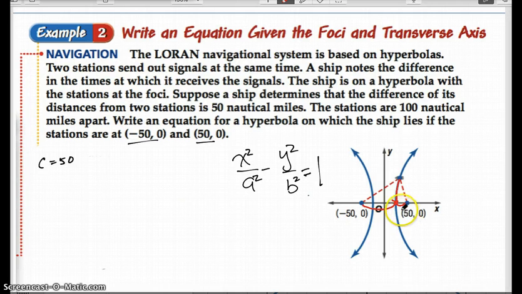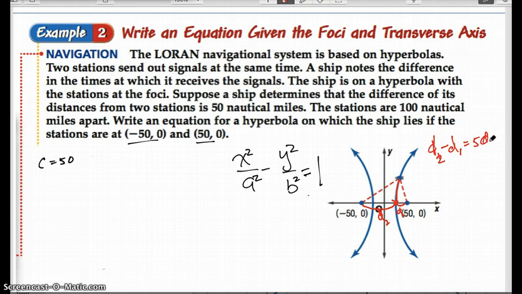Let me call this D1 and call this D2. I should do D2 minus D1, because in this drawing I have D2 being longer. D2 minus D1 is equal to 50.